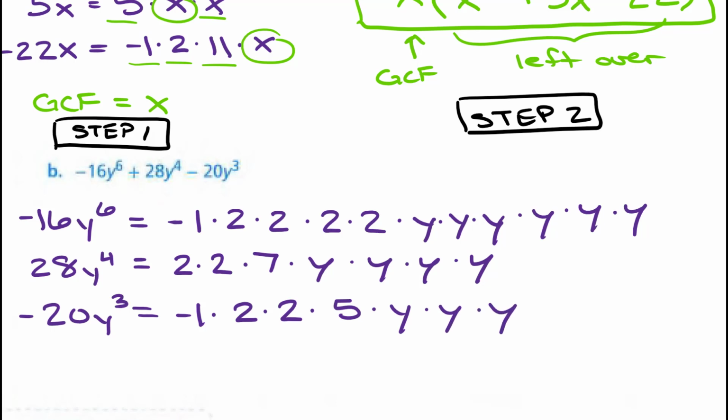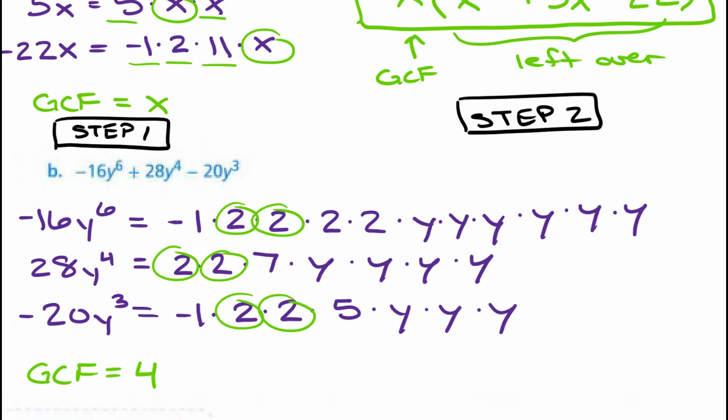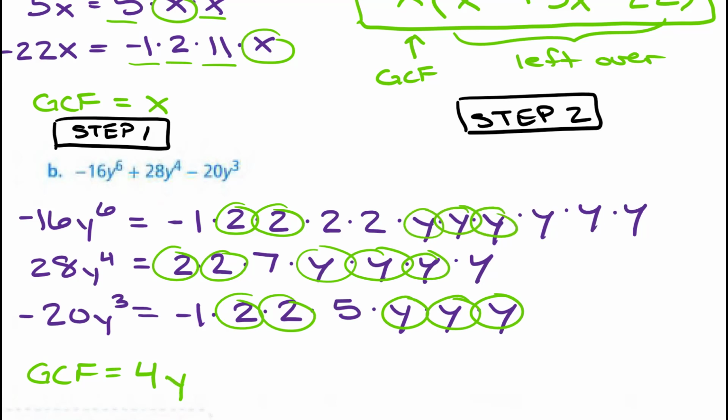So in this example, when we're looking for what's in common, it looks like each term has 2 2's in common. If you were doing this in your head, maybe you would recognize that they all are divisible by 4. So 4 is going to be part of our GCF, 2 times 2, or we can write that as 4. And then for the y's, 1, 2, 3, that's going to be the largest number of y's that go into all 3 terms. So 4y cubed is my GCF.